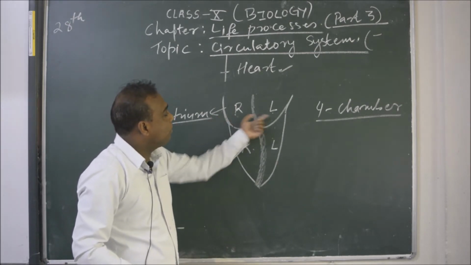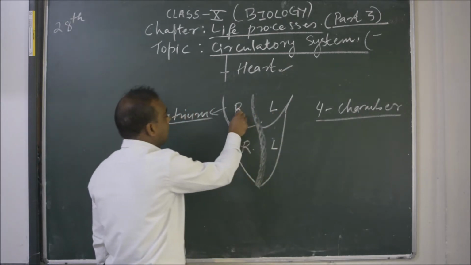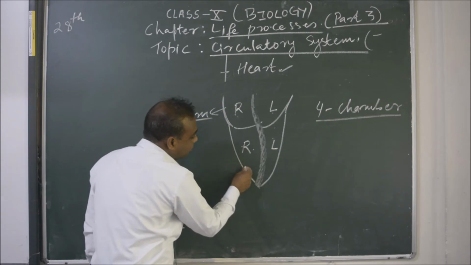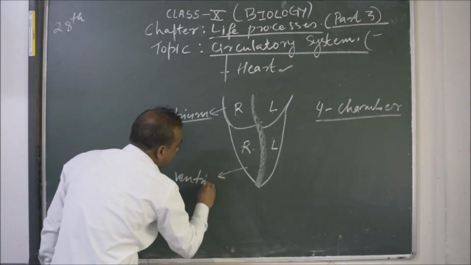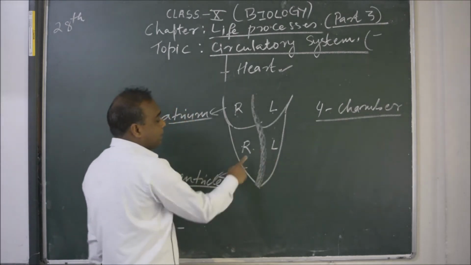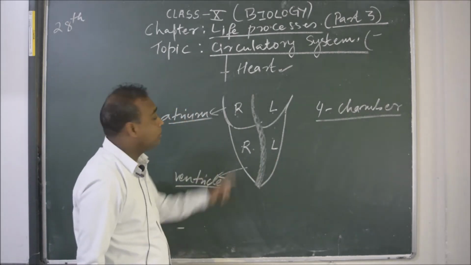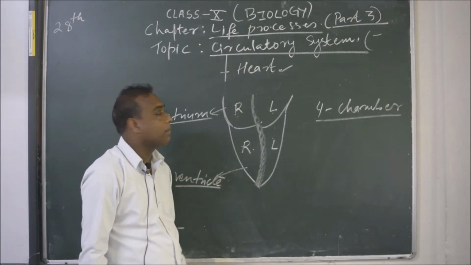We can say this is the left atrium and this is the right atrium. And these 2 lower chambers are known as the ventricles. This is the left ventricle and this is the right ventricle. So, there are a total of 4 chambers. The human heart is a 4 chambered heart.